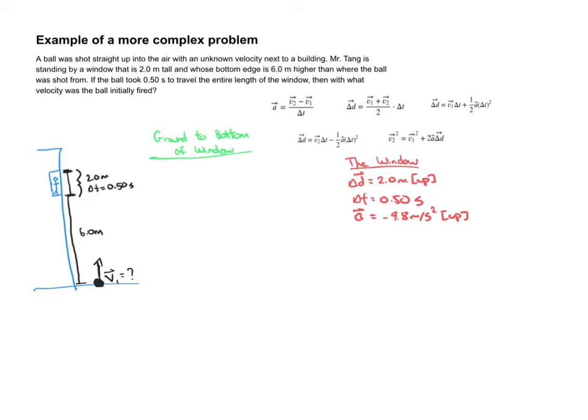Now, in terms of the first section from the ground to the bottom of the window, it's going to start off with some unknown velocity. That's what we're trying to find out. So that's where my question mark is going to be. It's going to travel 6 meters of displacement up before it reaches the bottom of the window.